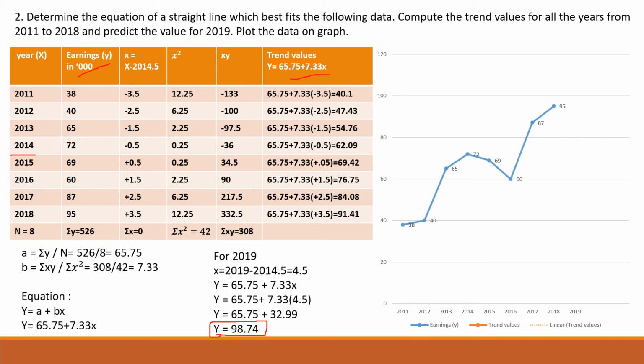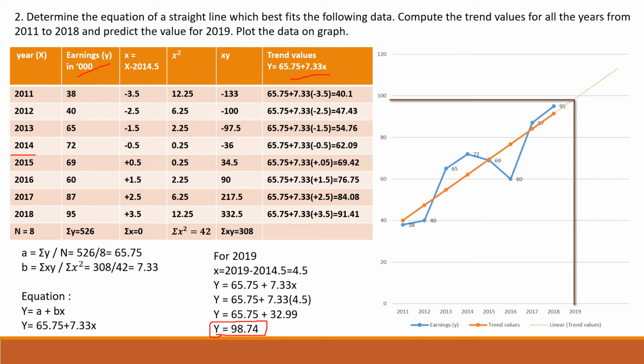The values of y are shown like this for the particular years, that is, for 2011 38, 2012 40, like this we plot the data up to 2018. Next we draw a trend line by using the values of the last column. So we will get the straight trend line, and then for the prediction we extend that line up to 2019.